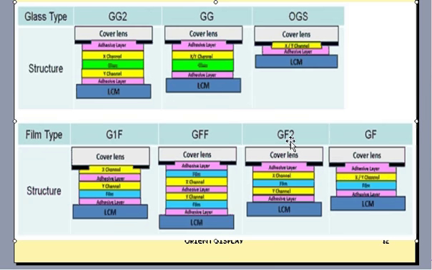And also GF2. GF2 means that it's a little bit similar to the technology patented by Apple. So there is a film here, and then we have two layers, X on the top and Y at the bottom, and then we glue with a cover lens and the TFT LCD.